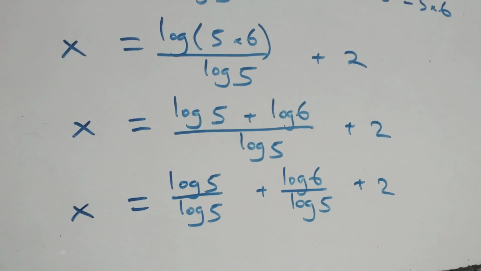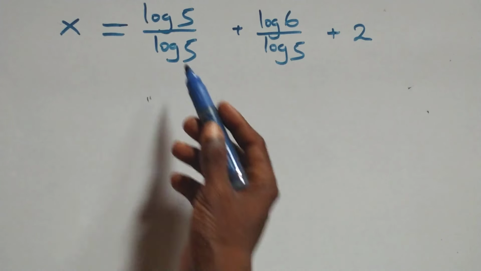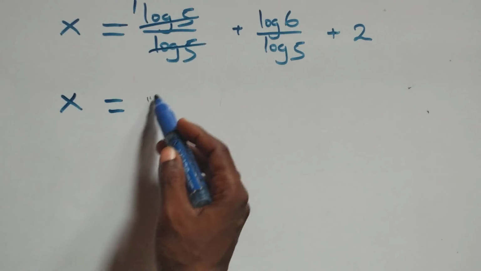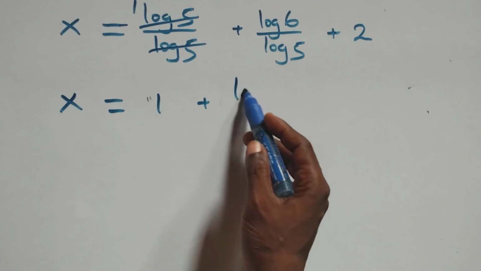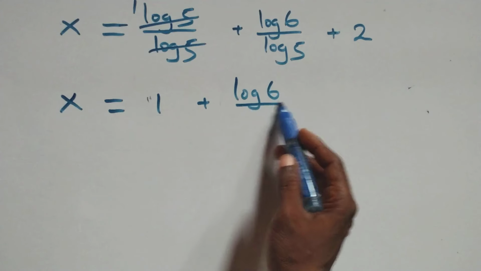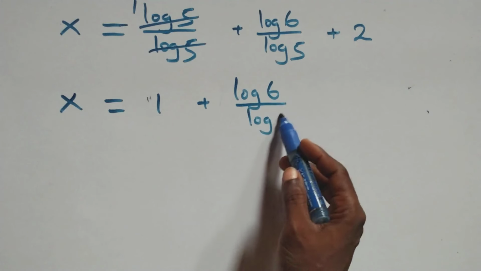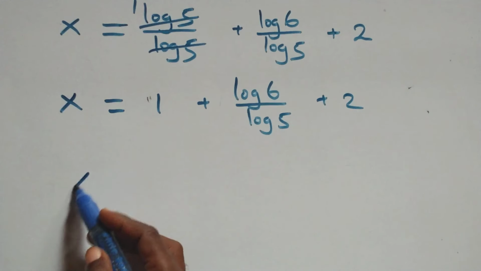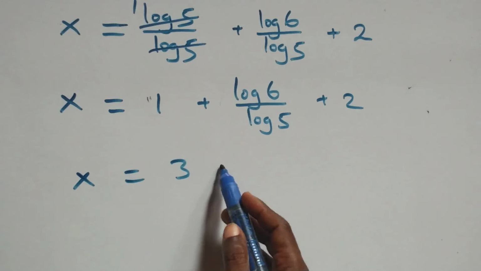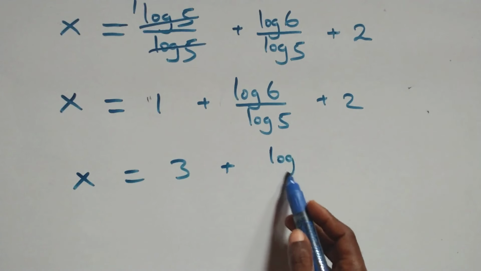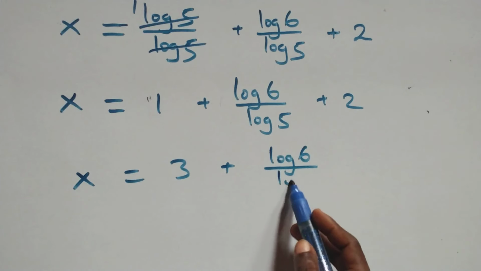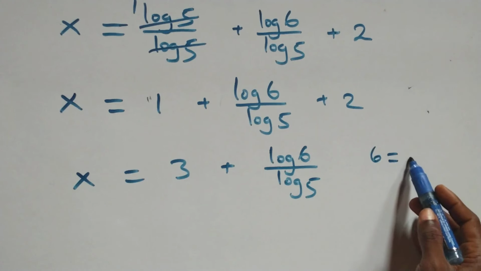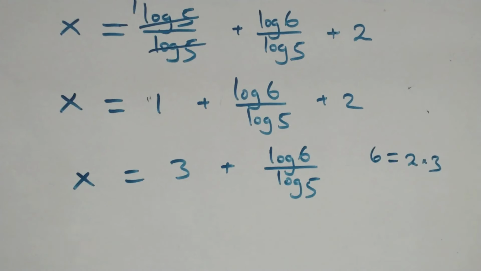Next step here, we have log 5 cancel each other here. One left here, that is x equals 1 plus log 6 over log 5 plus 2. And here we have 1 plus 2, that's 3. This becomes x equals 3 plus log 6 over log 5. The next step here, 6 can be written as 2 times 3.